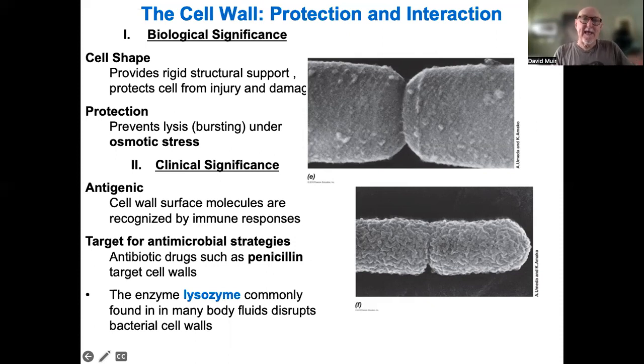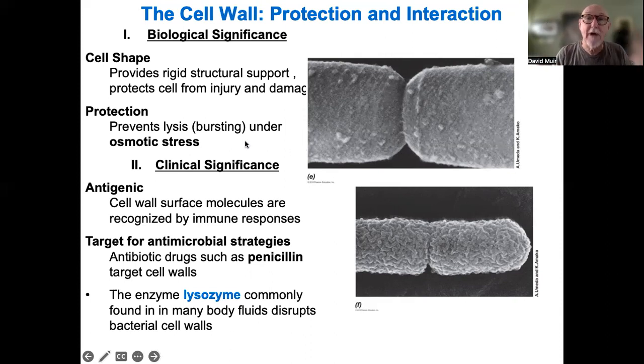The reason it's there is so that when the cell swells because of the diffusion of water, which is called osmosis, pouring water into the interior of the cell, the cell swells against the inside of the cell wall, and that stops the cell from bursting.